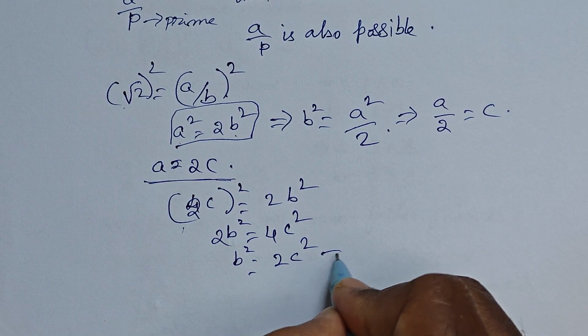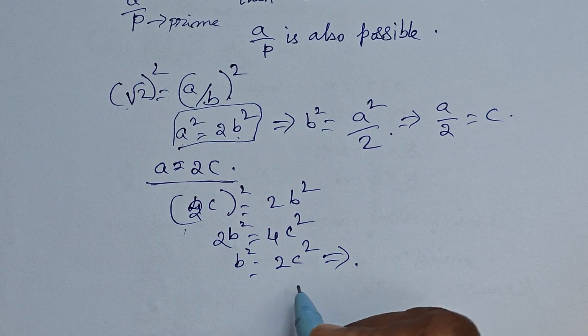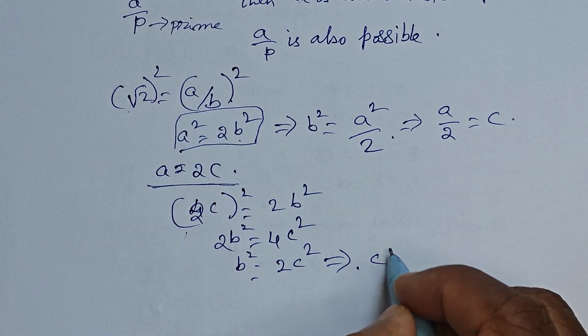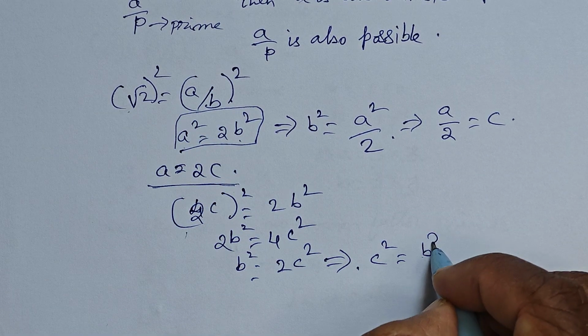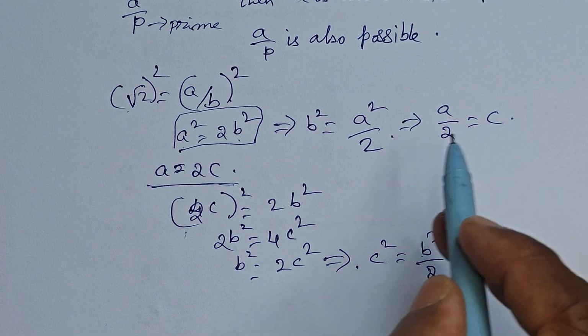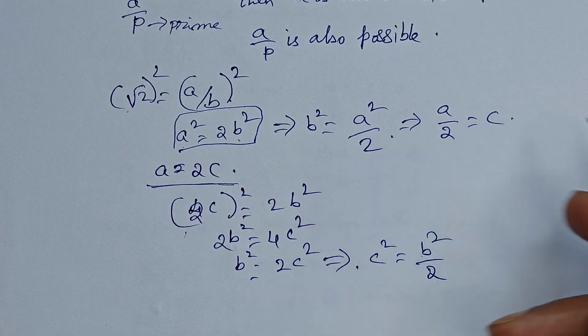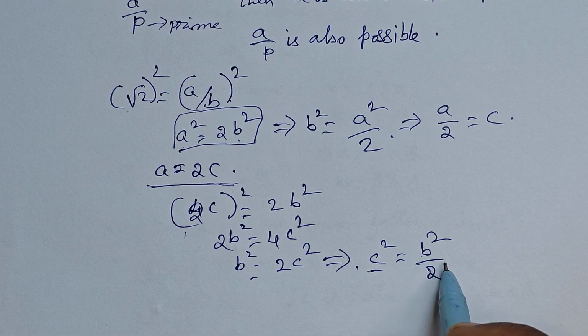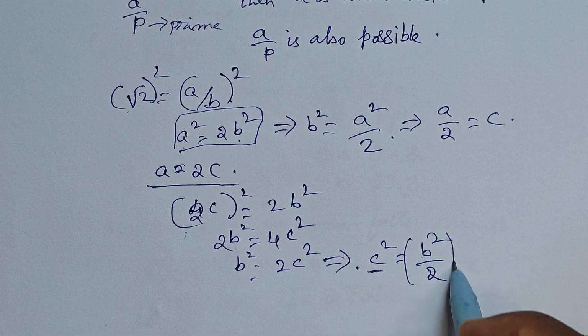So c square is equal to b square by 2. Our initial values are only a and b. Here c is something we assumed in between, just some arbitrary thing, so we don't focus much on this. Here we need to focus on this particular thing.